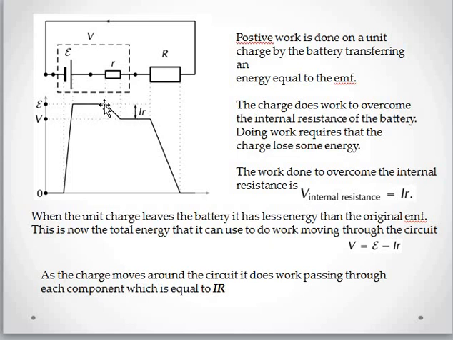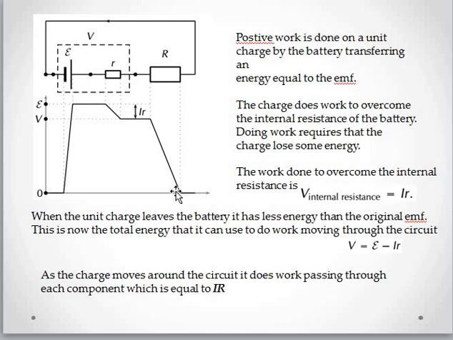The small r resistance multiplied by the current, Ir, is consumed within the battery, so that when it finally exits the battery, it's no longer carrying the total potential energy, but is now carrying V, which is the current times the external resistance. By the time it exits the battery, the internally consumed voltage has been lost already. So when it gets to the resistor, the rest of the voltage is used up.